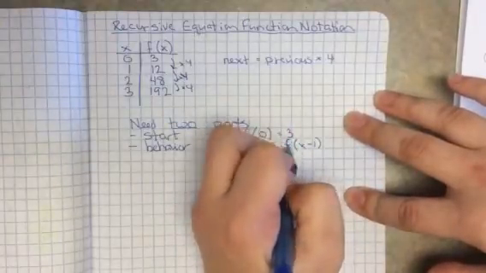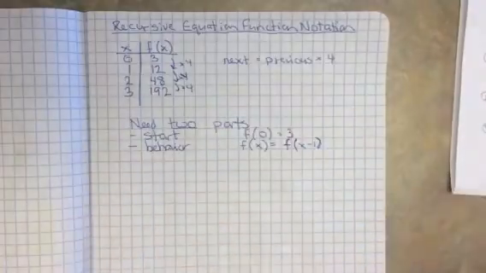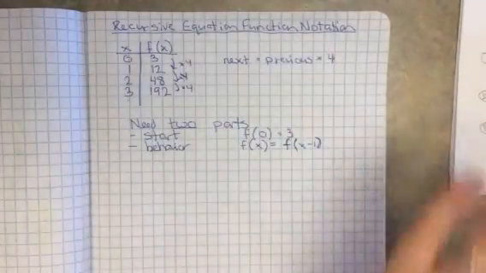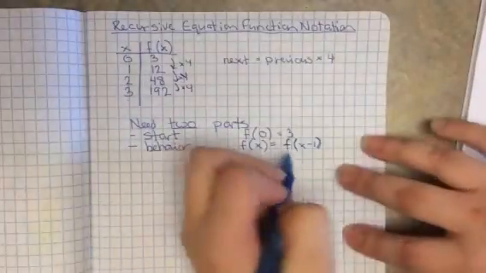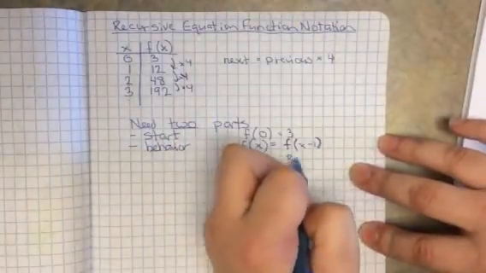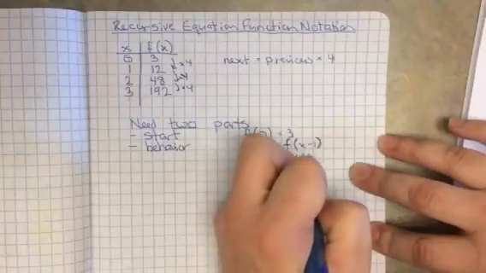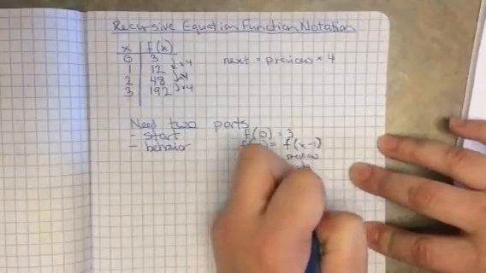So I need this part with the function name and the parentheses because that tells me to look at the output and not the input. So this would be how you represent the previous output.